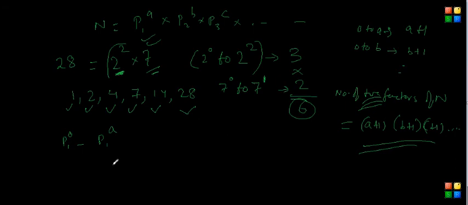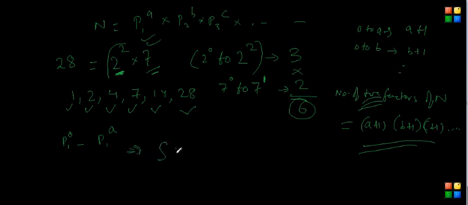So what will be my final sum? If you see, all of these are in geometric progression, because there is a common ratio multiplied with each: p1 to the power 0, then p1, and so on. So it's ultimately the sum of each of the geometric series.